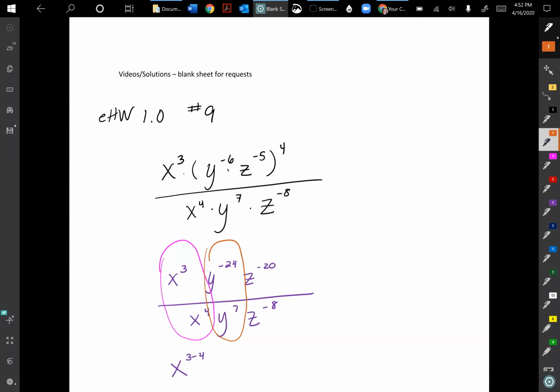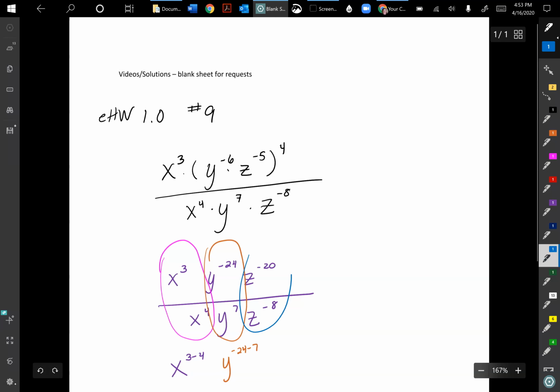I'm going to keep my base, y to the negative 24 minus 7. I subtract the exponents. The last one, z, I'm going to keep my base, and then subtract my exponents, negative 20 minus negative 8. So be careful there.